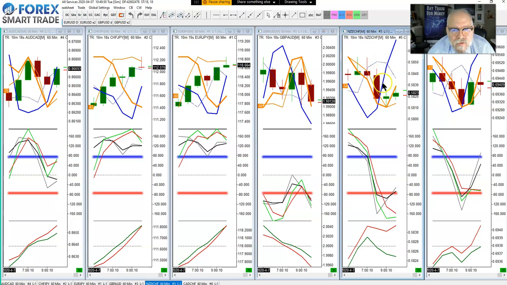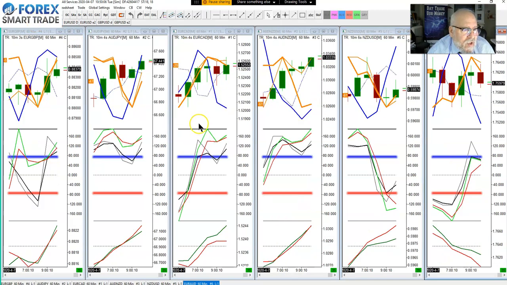New Zealand Swiss franc, minus 54, not close enough. Canadian Swiss franc, minus 21, not close enough. So from all these charts, we only saw one potential signal, and that was on the euro pound.